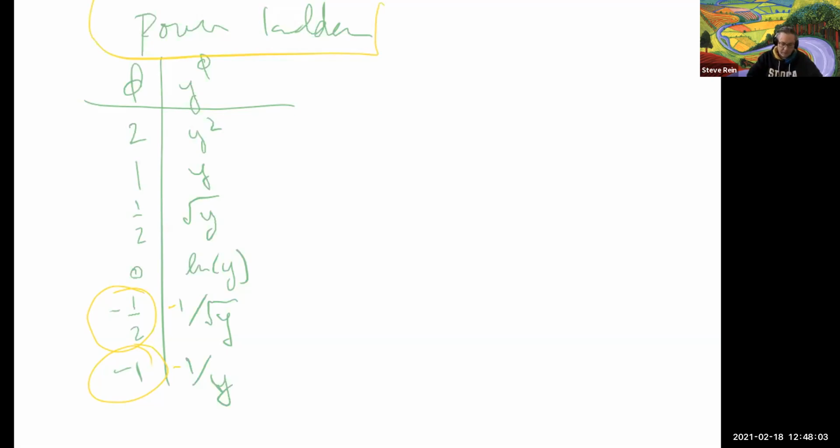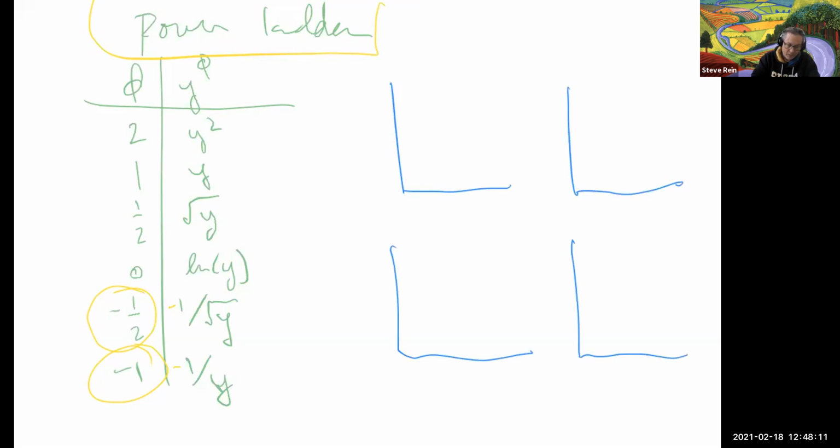Okay, let's consider 4 distinct possibilities. What if that's your sort of graph that you're looking at? What if this is the graph you're looking at? What if this, or what if that? So if it's a nonlinear trend, it's going to be one of those 4, yeah?